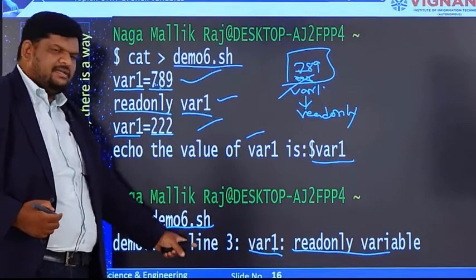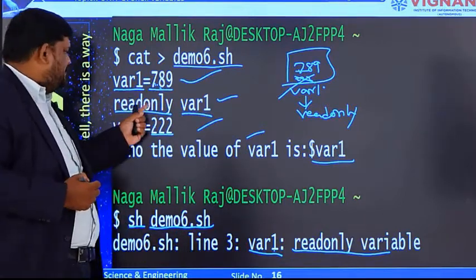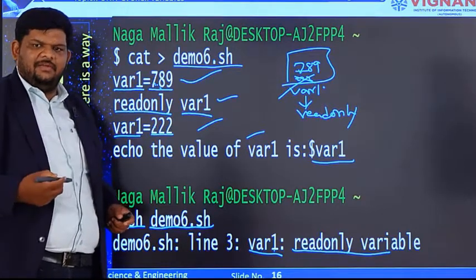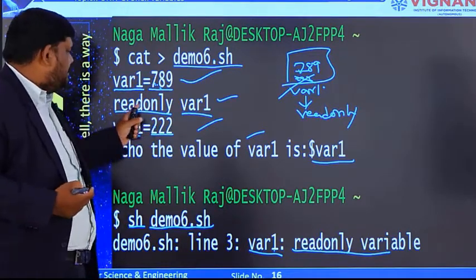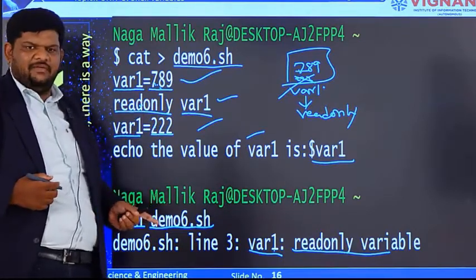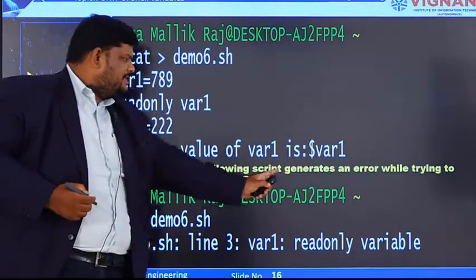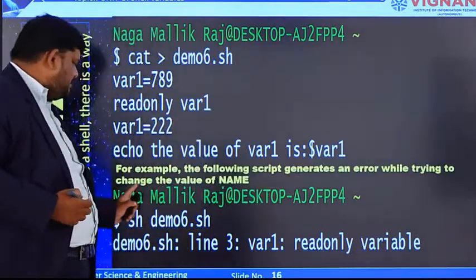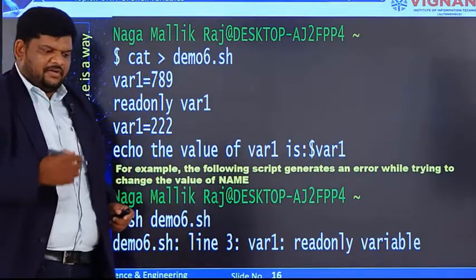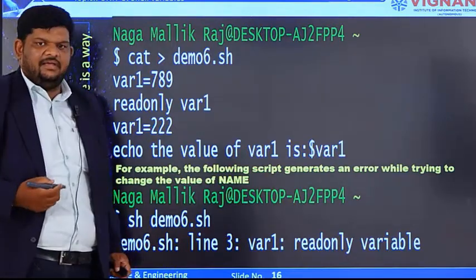Previously no error was generated because that example did not use the readonly command, so we could change it to any value. But here, since we declared readonly, we have no permission to change it to a new value. That's why an error is generated. That means the script generates an error while trying to change the value of a particular variable. So this is the meaning of the readonly command.